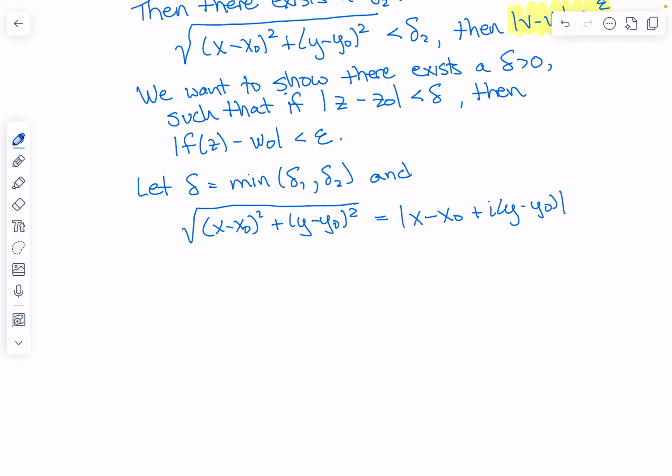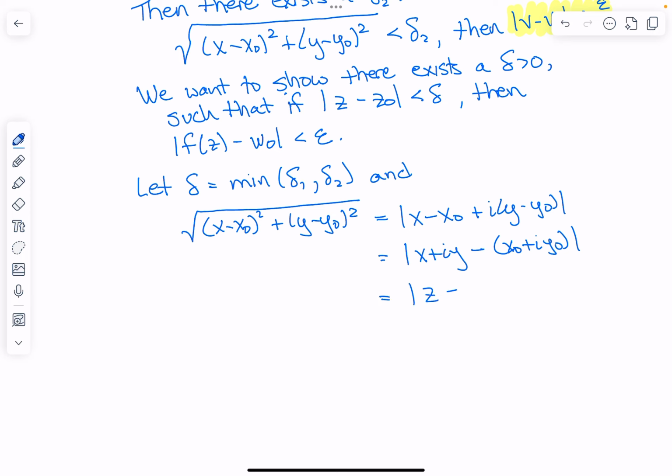Because this real distance is in fact equal to the length of the difference between x plus iy and x0 plus iy0, which is in fact the distance between z and z0. So if x and y are close to x0 and y0, then z has to be close to z0, and so I'm going to let all that be less than delta.